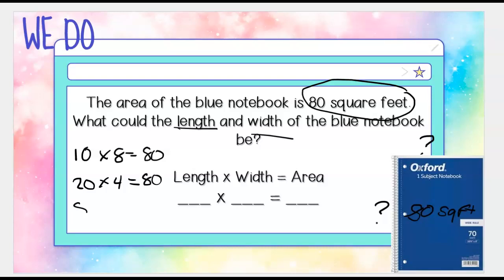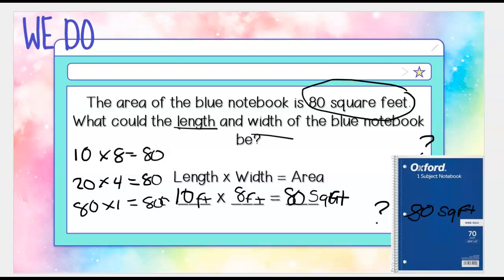Or another one, 80 times 1 equals 80. So we know that the area is 80 square feet. And we just need to choose one of these possibilities. Let's go with the 10 times 8. 10 feet times 8 feet gives us 80 square feet.